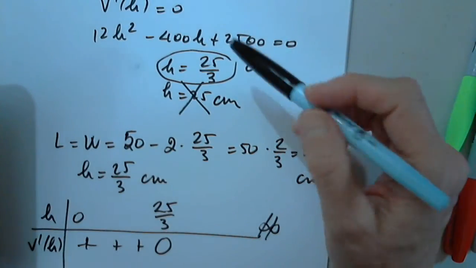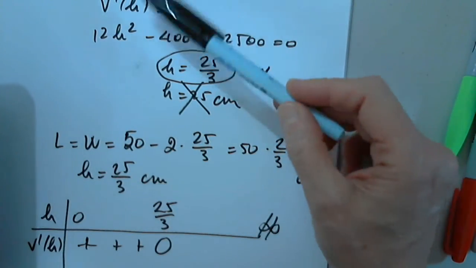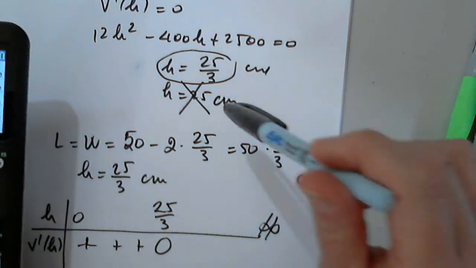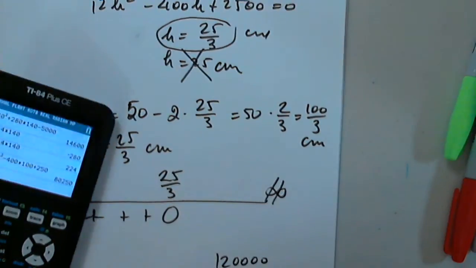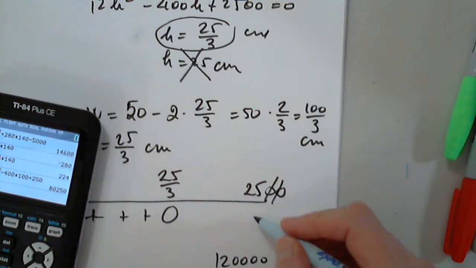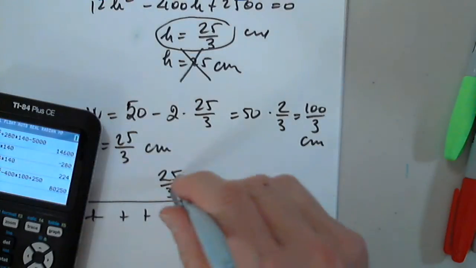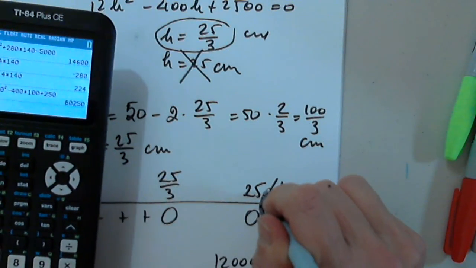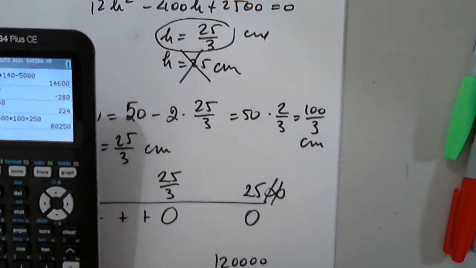I'm getting something. Yes, that's why. Because yes, I cannot plug in 100. So 25 is also 0. So I can only pick a number between 25 thirds and 25, because this is the other solution.